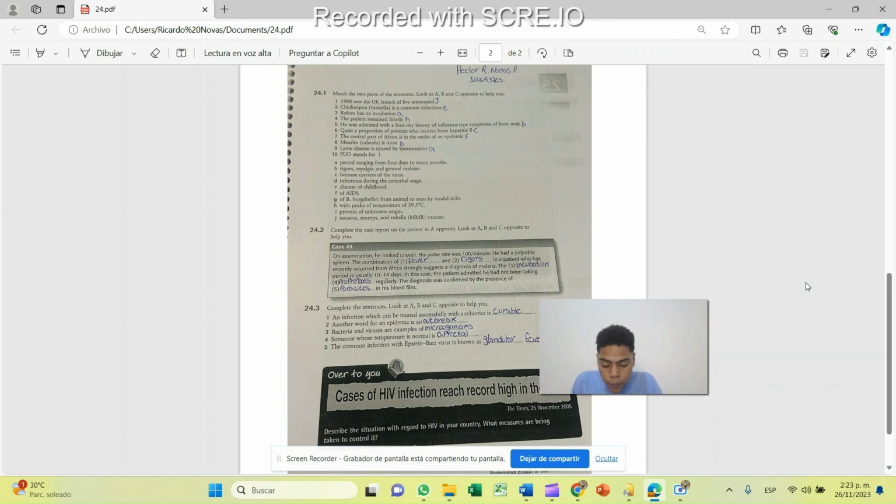The patient remained febrile, with peaks of temperature of 39.5 degrees Celsius. 5.